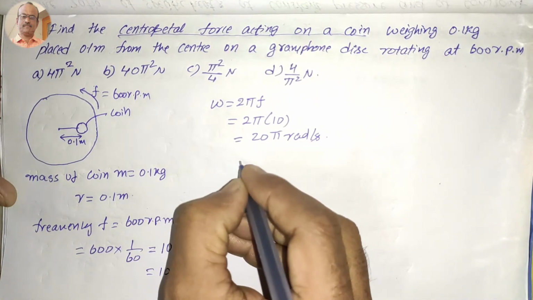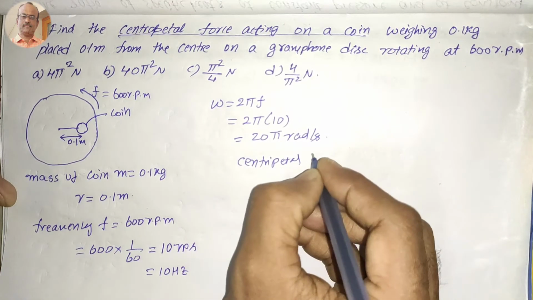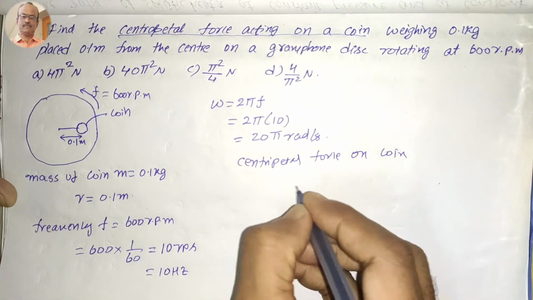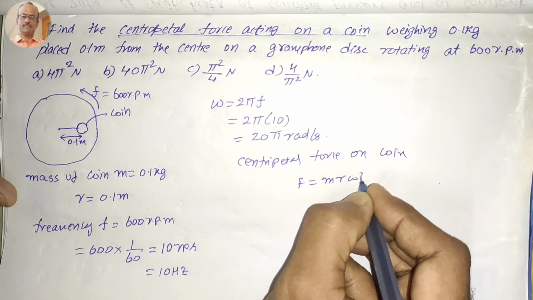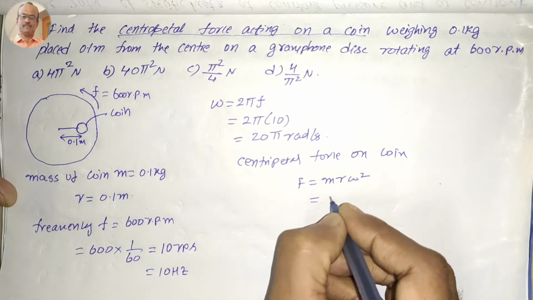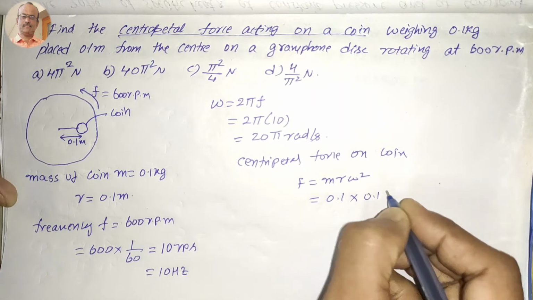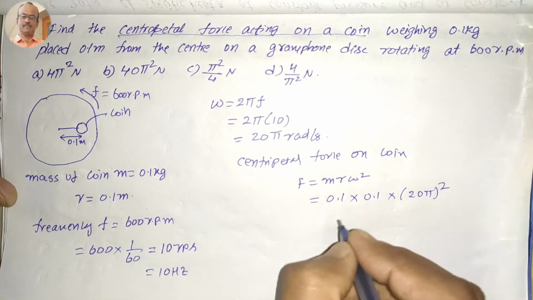So which one do we want to calculate? Centripetal force on the coin. F is equal to m r omega square. So m is 0.1, radius is 0.1, and omega is 20 pi whole square.